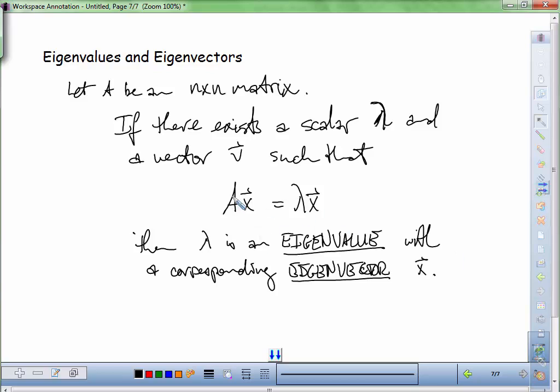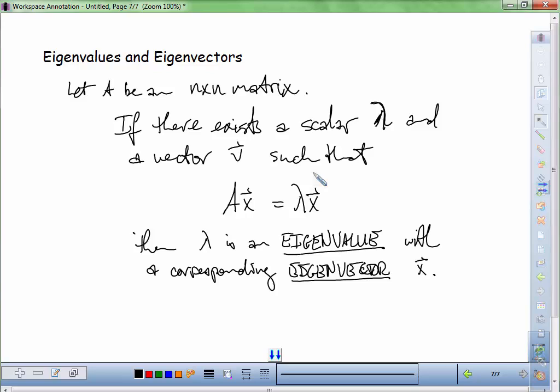I mean, this is the relation here. We have a vector. This is actually something pretty incredible, because this is a matrix times a vector, and this is a scalar times a vector. It's kind of weird to think about a matrix times a vector equaling a scalar times a vector, but a matrix times a vector happens to be a vector. Inherent, eigen, proper, individual.